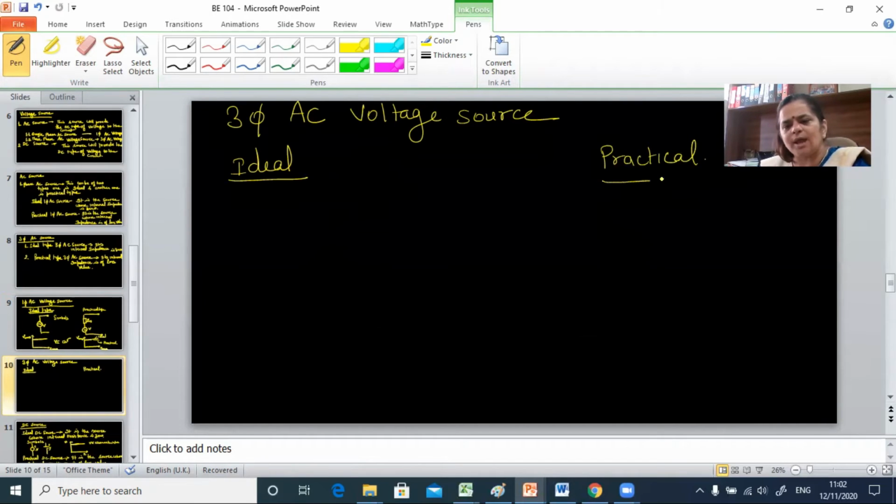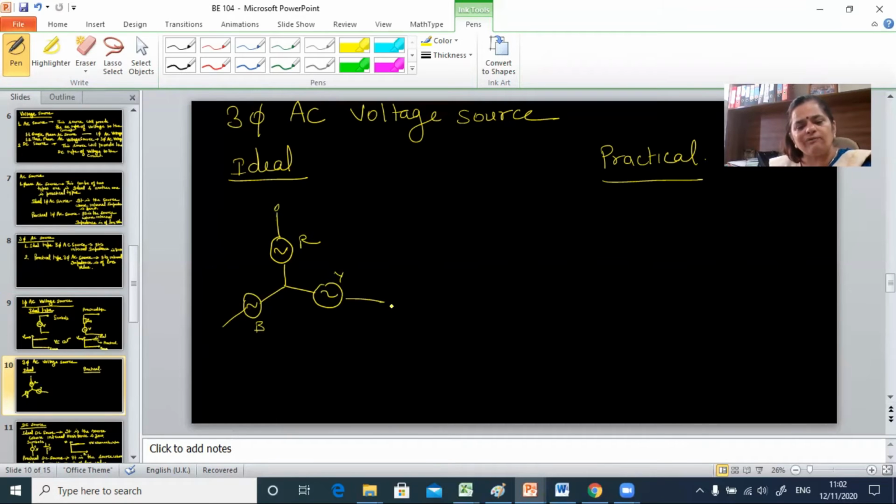So in the ideal type and practical type, if I make this kind of symbol, this is R phase, this is Y phase, and this is B phase. So this is the symbol for an ideal three phase AC voltage source.